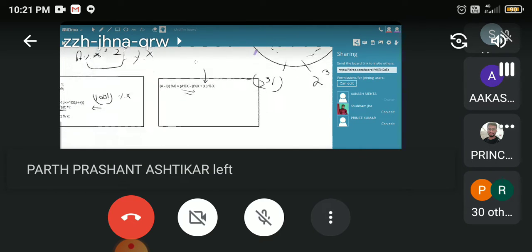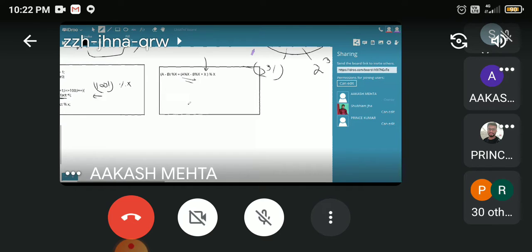So why is it happening? Let's take a very general example: a is 6, b is 4, and x is 3. You want to compute a minus b modulo x. What is a minus b? We know it is 2. So 2 modulo 3, the answer should be 2.